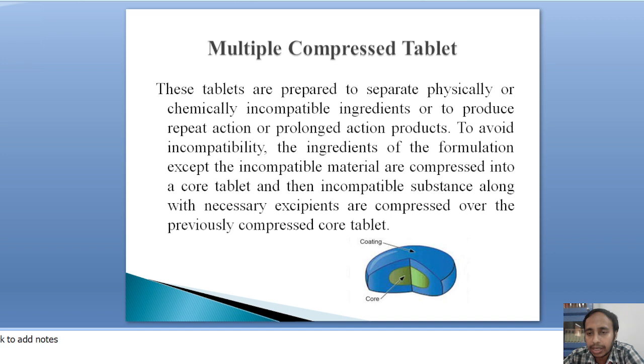Suppose one API is A and another API is B. When I mix A and B, there may be a reaction, and it may degrade the quality of the product. Suppose one API has a tendency to absorb moisture.